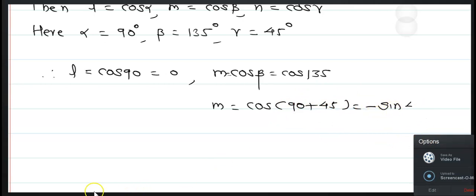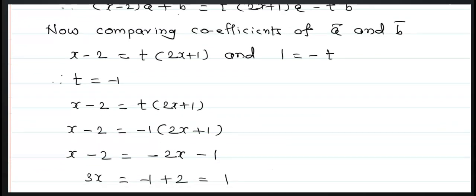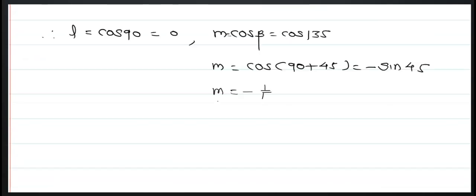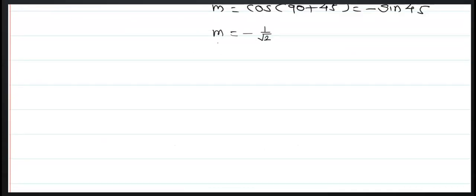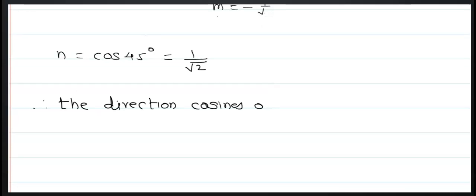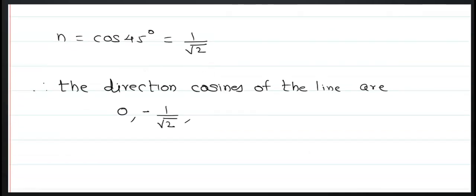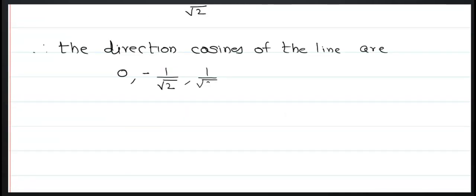That is minus sine of 45, so m is equal to minus 1 upon root 2. n is equal to cos of 45, which is again 1 by root 2. Therefore, the direction cosines of the line are 0, minus 1 by root 2 and plus 1 by root 2.